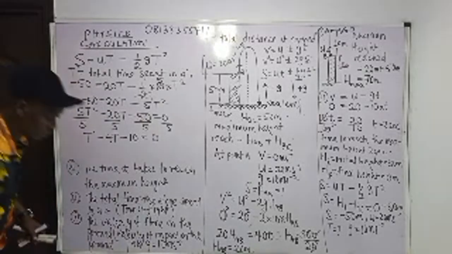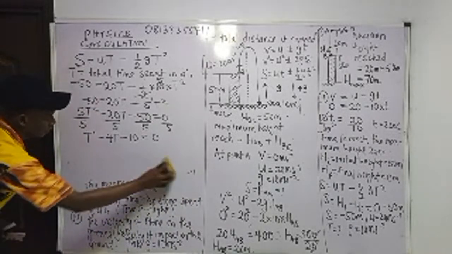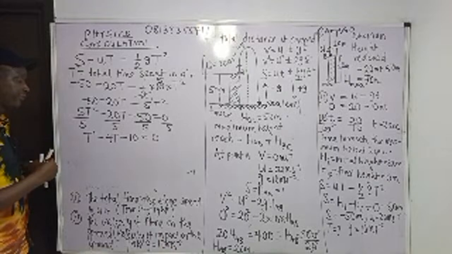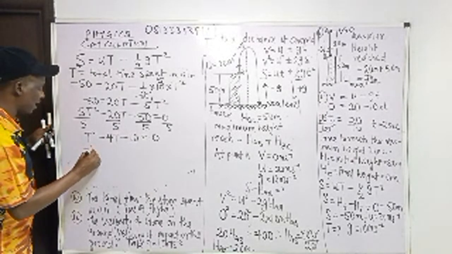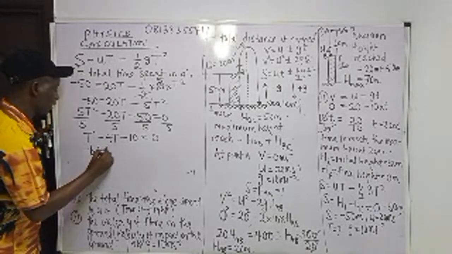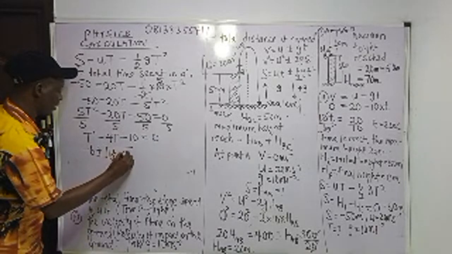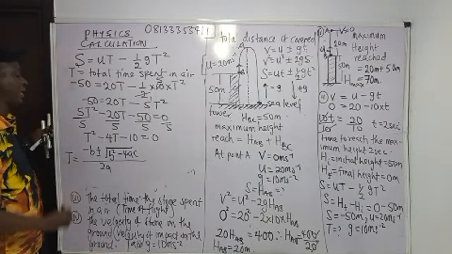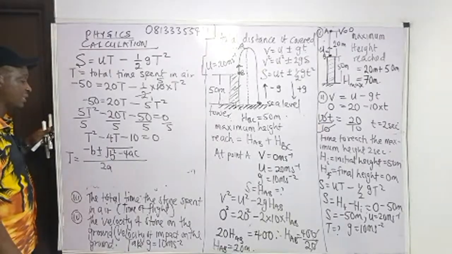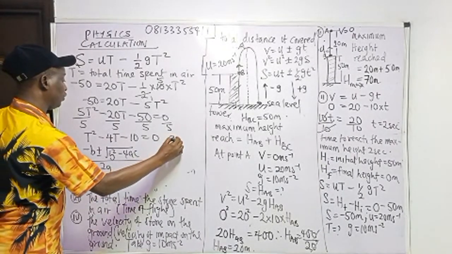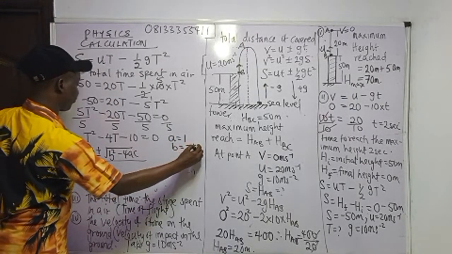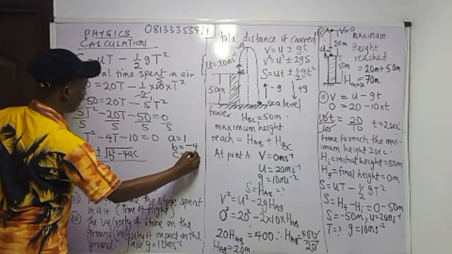Now, what we're going to do is use our quadratic formula method, minus b plus or minus square root of b squared minus 4ac, over 2a, to get our time of flight, or the time spent in the air. Don't forget your a is equal to 1, b equal to minus 4, and c equal to minus 10.